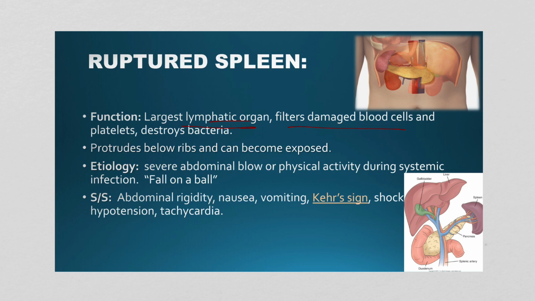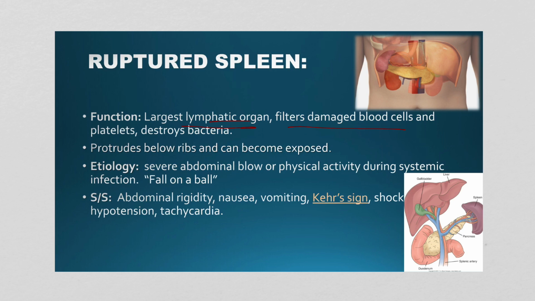An example of that would be a condition called anemia, which all of us have heard of. If we have an injury or compromise to the spleen, oftentimes it not only removes the damaged blood cells, but it won't be able to identify damaged or healthy, and it will start to remove the healthy blood cells and create anemia. So one of the reasons we can see an anemic patient might be as a result of some dysfunction to the spleen.